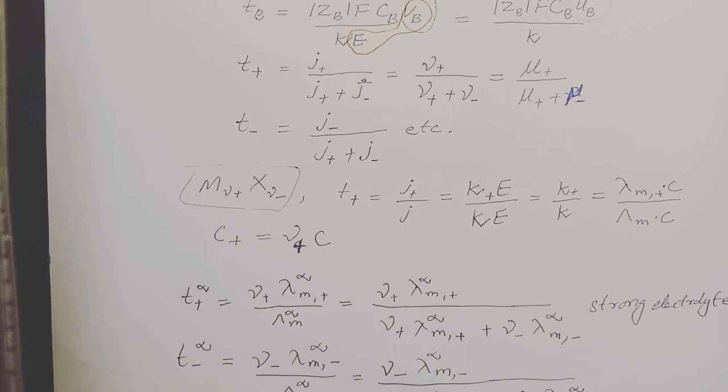So today's discussion was based on electrolyte solutions, but all these equations are applicable for dilute solutions, and we have derived all the expressions for infinite dilution that are termed as equivalent conductivity or equivalent transport number, or the terminal speed, and the mobility of ionic species at infinite dilution.